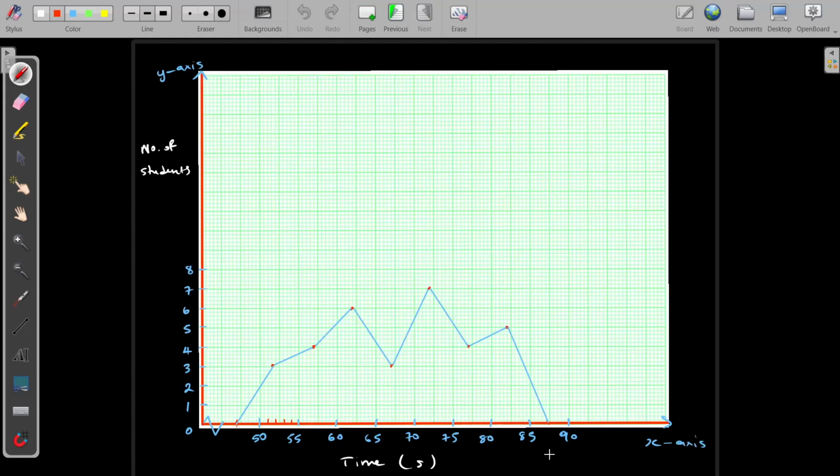So this one, the scale was 2 centimeters, and this is 1 centimeter to 1 unit. So remember, you need to have all of this on your graph.